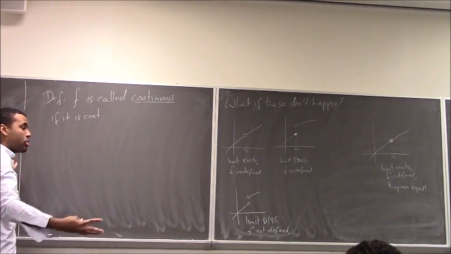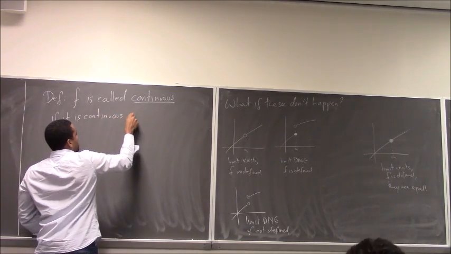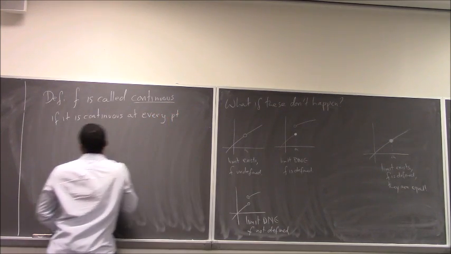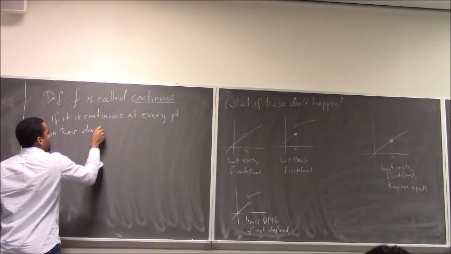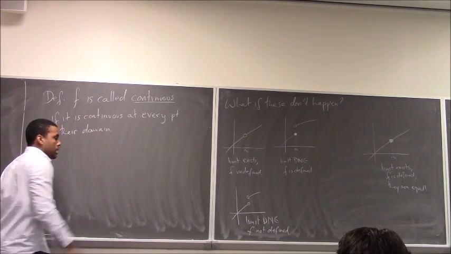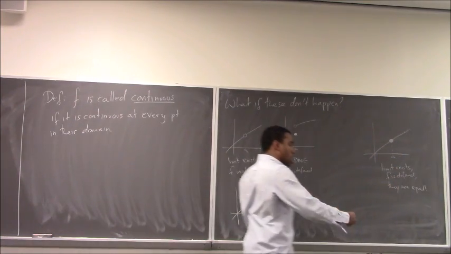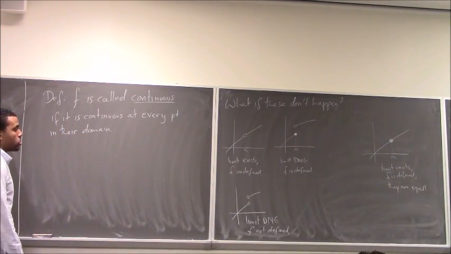There are functions that are continuous in general. These are functions where this kind of behavior happens at all points in their domain. And if you have such a function, it's called a continuous function.